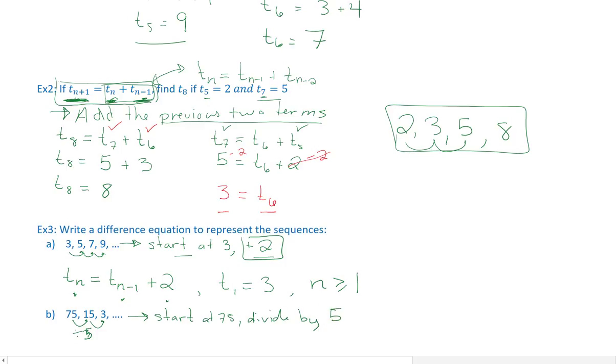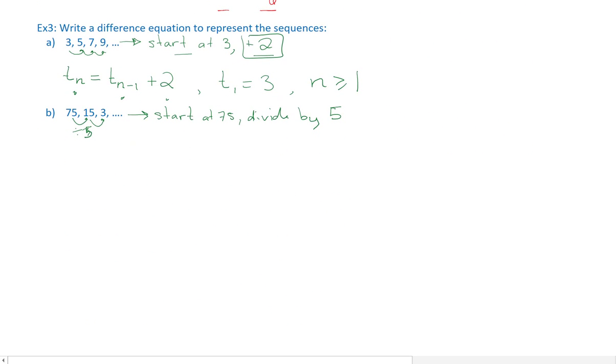Okay, just to be thorough, I'll show this one in the other format. So if you're particularly partial to starting with Tn plus 1, so you want to be thinking next term, not current term, that's fine. The next term is the current term divided by 5.